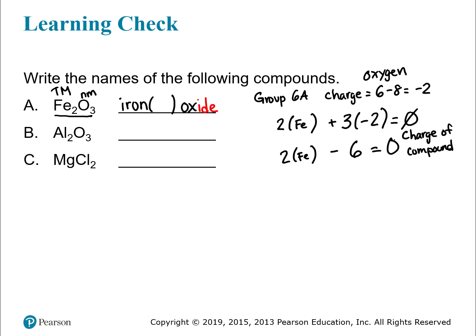What does my iron have to be? What is the charge of the iron? You're pretty much solving this equation. Think of it as 2x minus 6 equals 0.